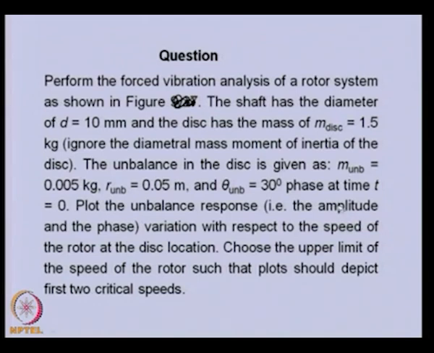So, not only will we be plotting the amplitude, but also the phase, and we will be obtaining the critical speeds of the system by gradually increasing the speed from 0. Because this is a continuous system, we can have infinite number of critical speeds, but we will be illustrating here only up to 2 critical speeds.